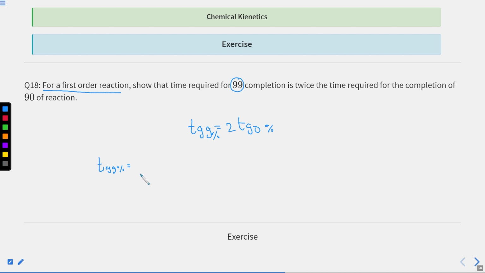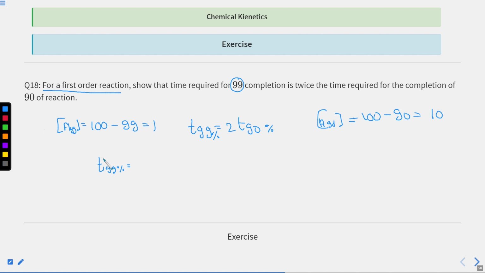First of all, let us see, if 99% have been consumed, then what is left? That is 100 minus 99 is equals to 1. Now similarly for 90%, it will be 100 minus 90, that is 10. So 10 is left.